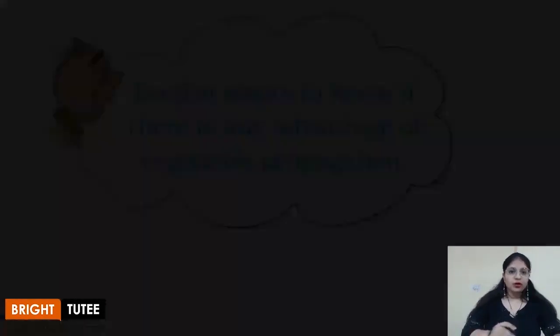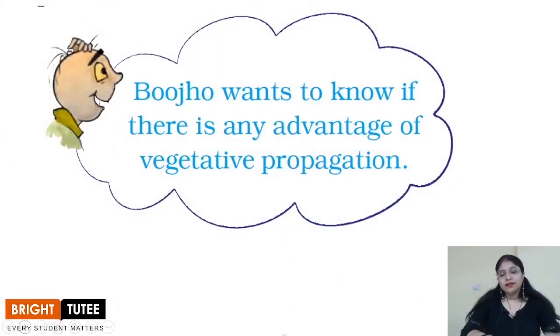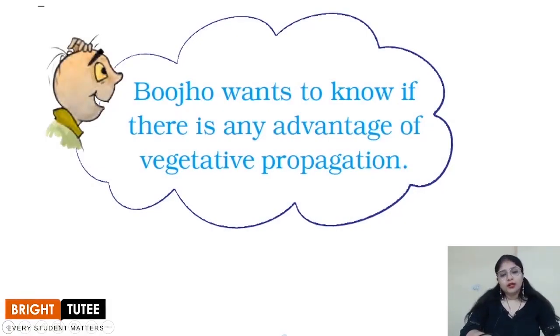So let's understand what are the advantages, and again, this is a question that Bujo is also asking, that he wants to know if there is any advantage of growing the plants by the method of vegetative propagation. So what are the advantages? The plant that is grown by vegetative reproduction grows faster.